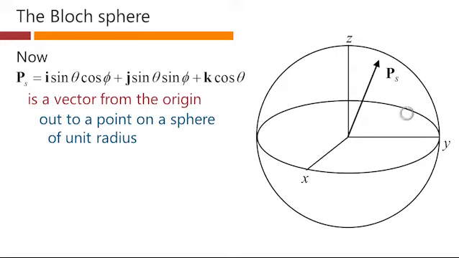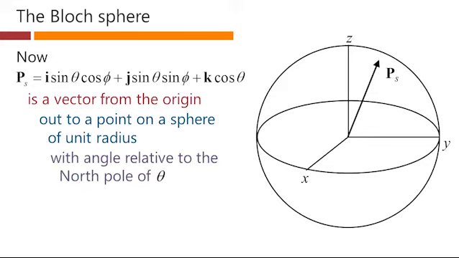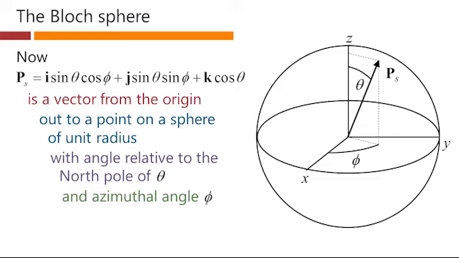I've tried to draw an equator round here and a polar circle to indicate the sphere. And this point here is in the center of the sphere. And this vector will have an angle theta relative to the North Pole, relative to this polar axis. And it will have an azimuthal angle, that's the angle round here, of phi.